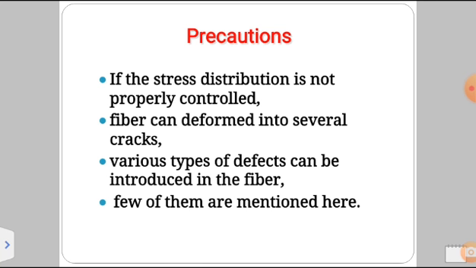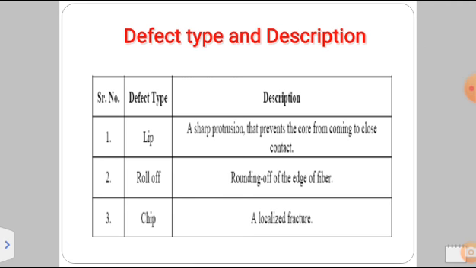Various types of defects can be introduced in the fiber because of these things. Maybe the fabrication process may not be proper, maybe some other external or internal reasons, and there are many different types of defects. A few of the defects are mentioned here and we can go through them one after the other.